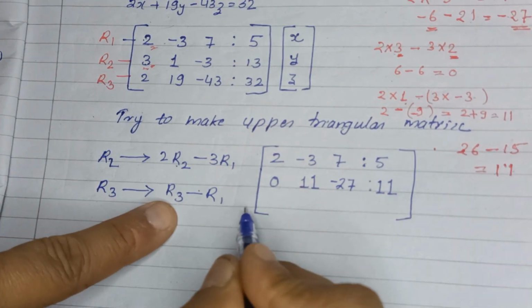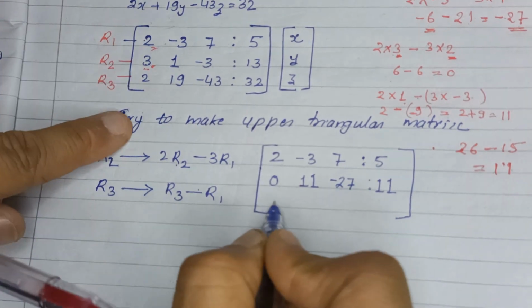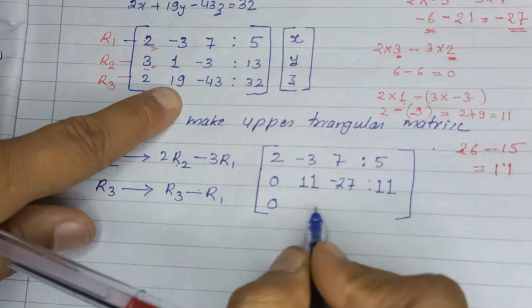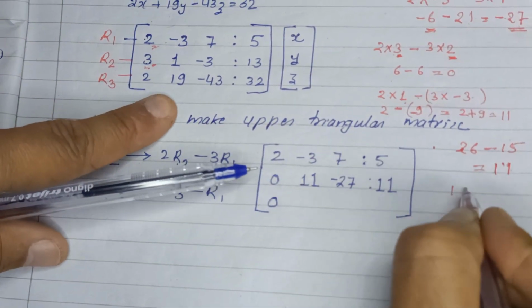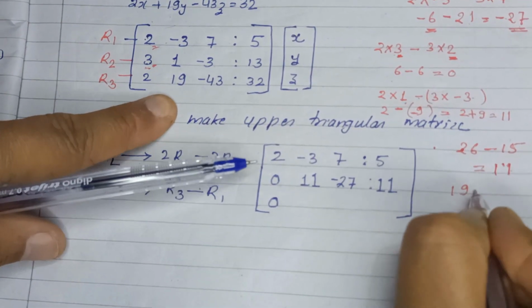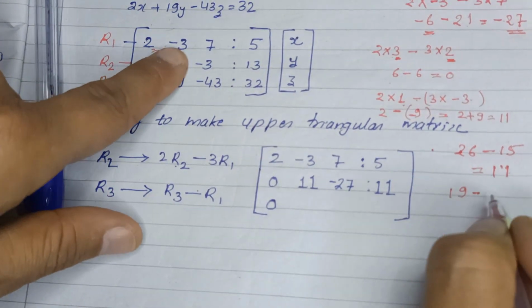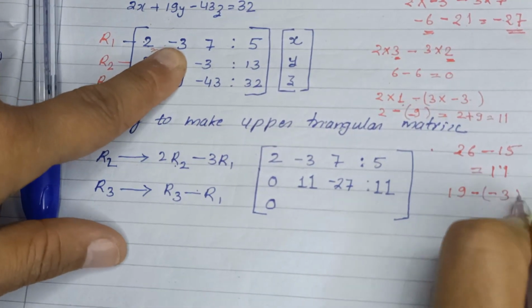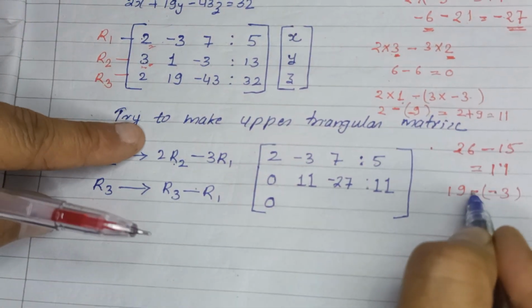Here we did it simply: we subtracted the first row from the third one. So when we do that, we get 0 here, and then 19 minus 19... minus, 19 minus minus 3, so it's simply addition. So 19 plus 3, minus minus becomes addition.